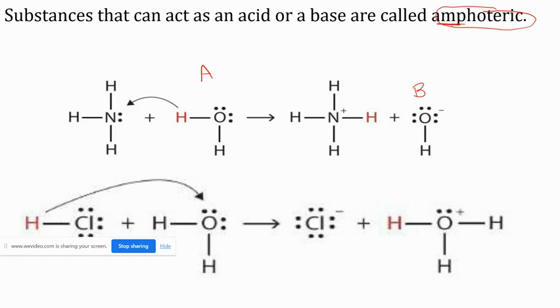Amphi means two different states, like amphibians are water and land. Okay, so amphi means two states, two conditions. Does that make sense? Water is considered amphoteric. Not everything is. Water is a special one that can do that. Good?